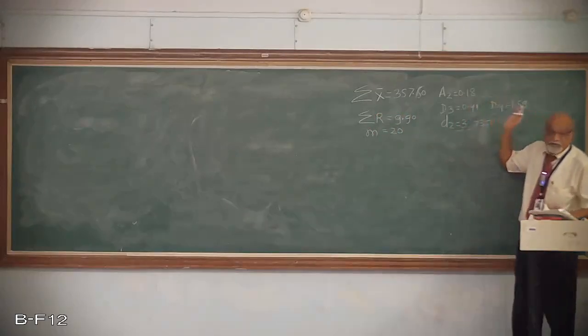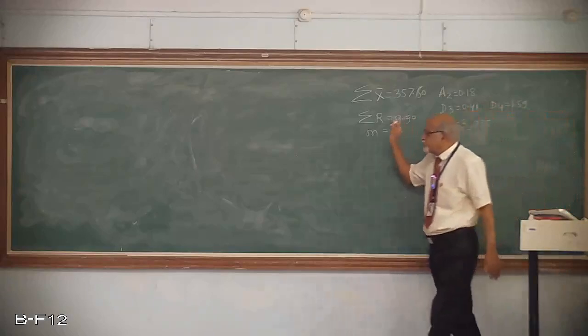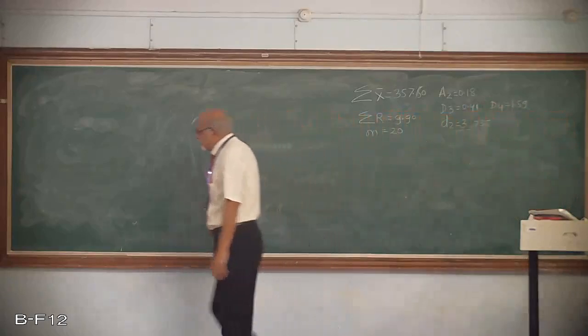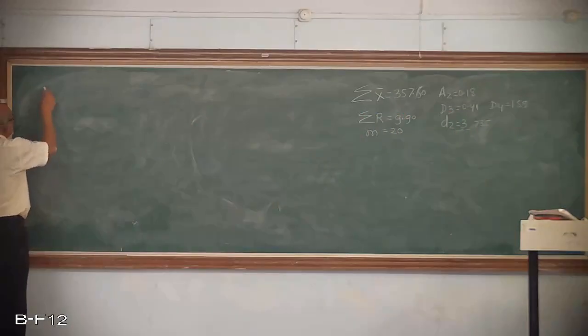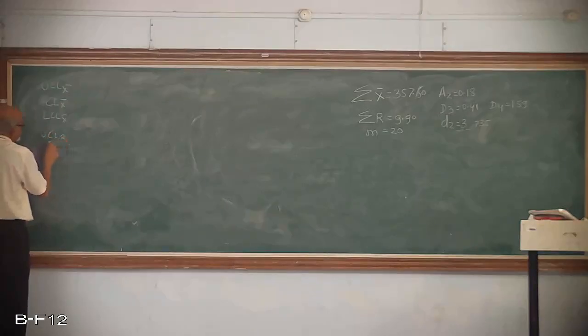Now we know that he wants control limits for X bar chart and R chart. So the upper control limit, central line and lower control limit for X bar chart, and upper control limit, central line and lower control limit for R chart. Here it is R bar.